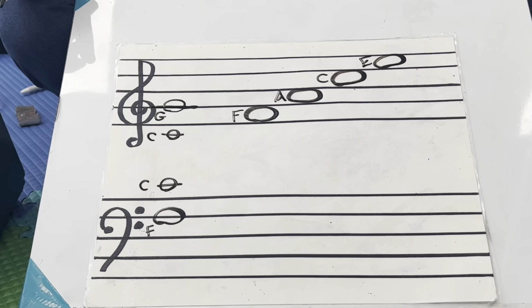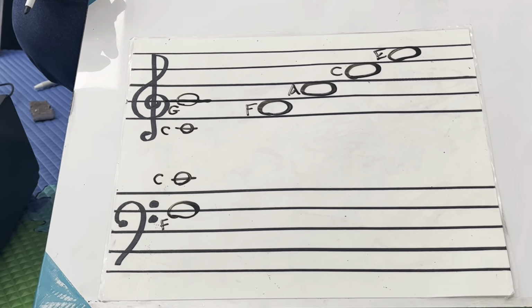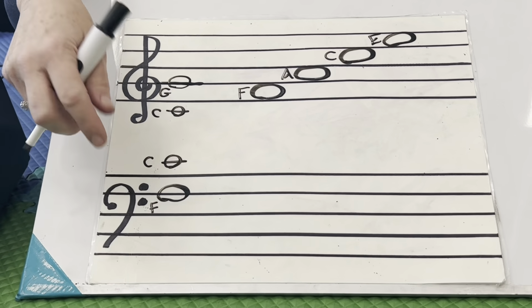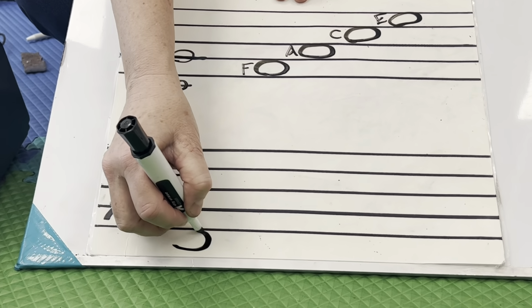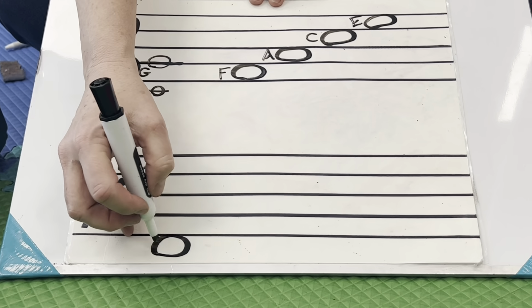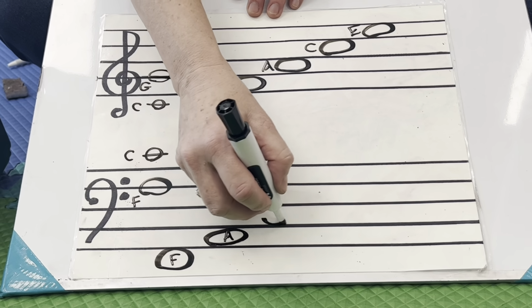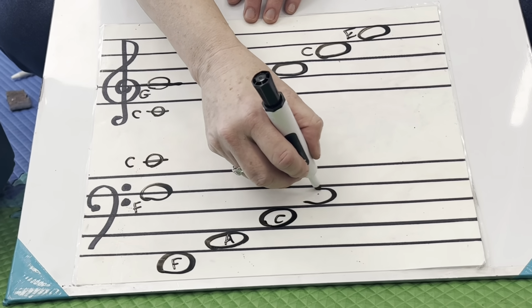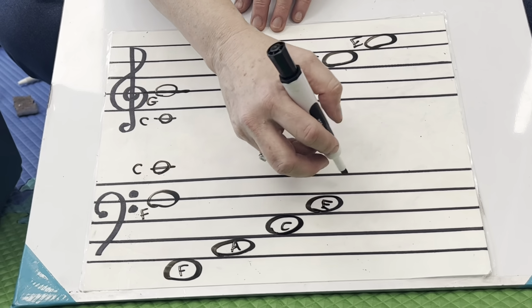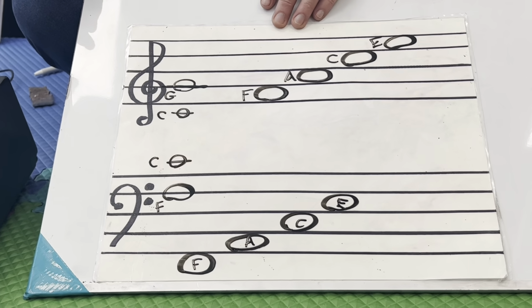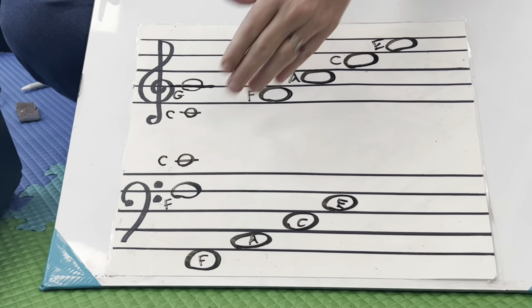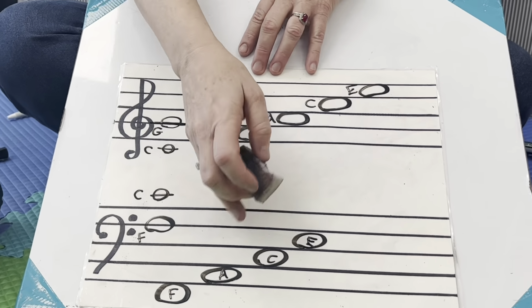And the G clef. Now, for parents, just so you know, it will work down here, but you have to write the first note under the bottom line. F-A-C-E. But that would be a G and that's a B. So I don't normally show that to the little ones.